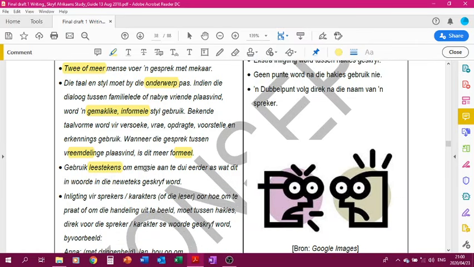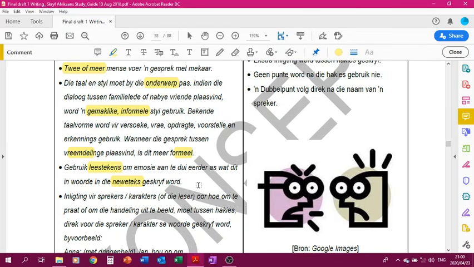Gebruik jou leestekens om emosie aan te dui eerder as wat dit in woorde in die neveteks geskryf word. Neveteks is the words in brackets. So you can, it says eerder as rather than, meaning it's you can use it.